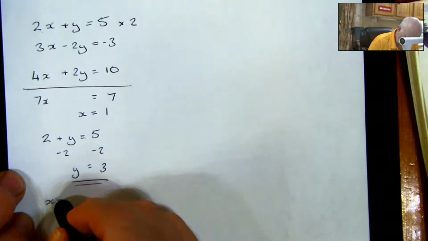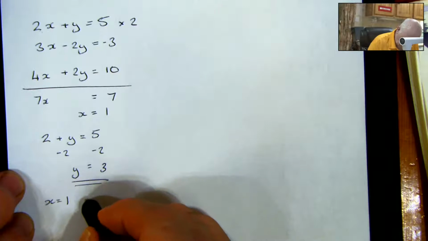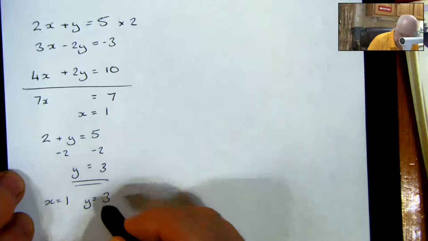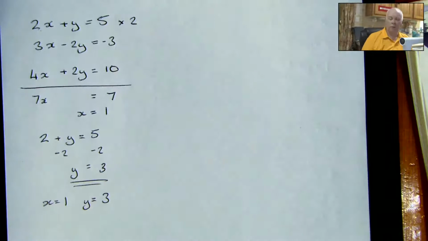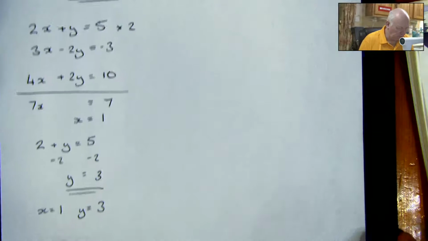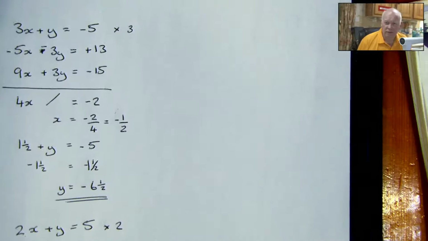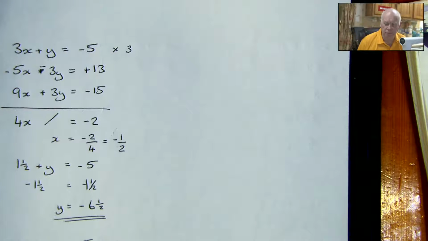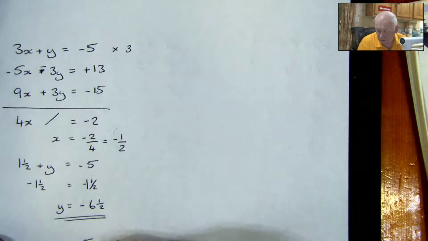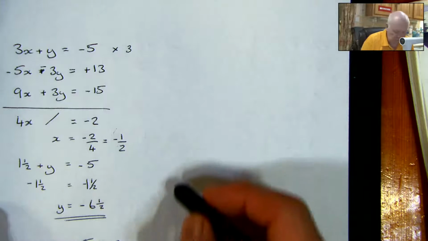So x equals 1, y equals 3. So I've gone through a few of those, but sometimes something stands out as being a simpler way of trying to work something out. Let's look at a different way of solving one of these equations.